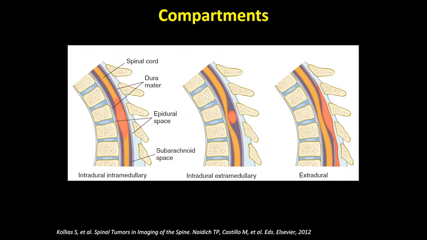So how do you place the tumor in the correct compartment? Well, this cartoon demonstrates it well. If the cord is expanded, then it will be an intramedullary tumor. If the subarachnoid space between the cord and the extradural compartment is widened with presence of what has been described as the arachnoid cap sign, then it places the tumor in the intradural extramedullary compartment.